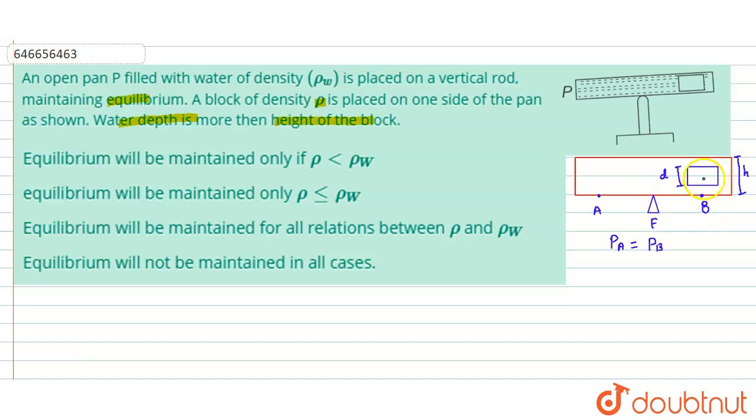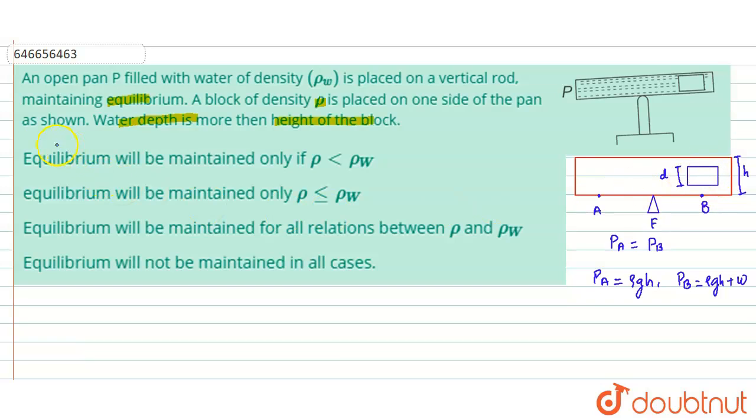Because if this block touches point B, then the pressure at A would be rho g into small h, and the pressure at B would be rho g h plus the weight of this block. Clearly P_B would be more and this would tilt on this side.